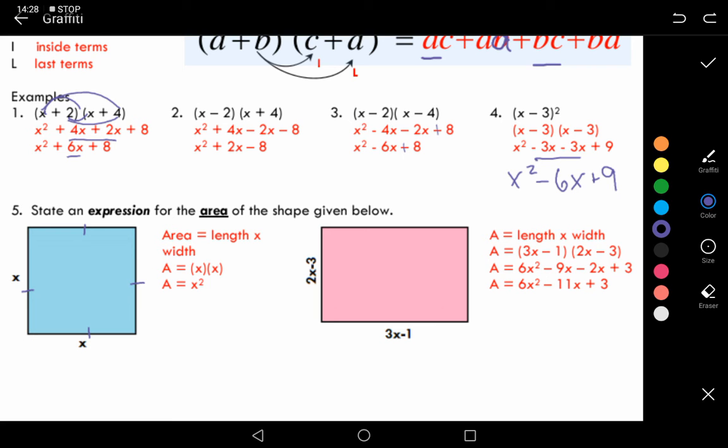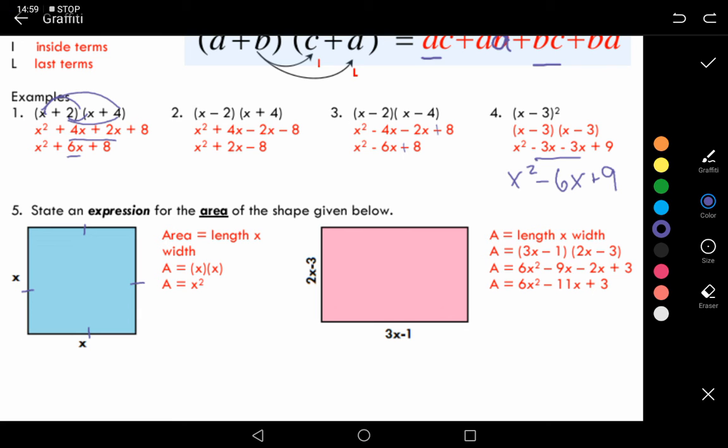All you're going to do is plug in one side length for the length and the other for the width, just as we've done in the red here. So we have 3x minus 1 times 2x minus 3. You have to fully simplify this expression, so you need to FOIL. First, 3x times 2x is 6x squared. 3x times negative 3 is negative 9x.